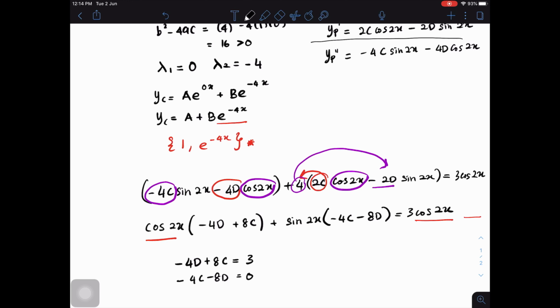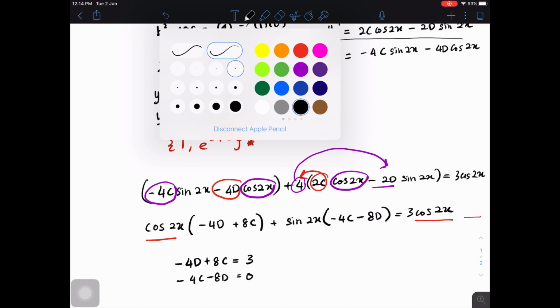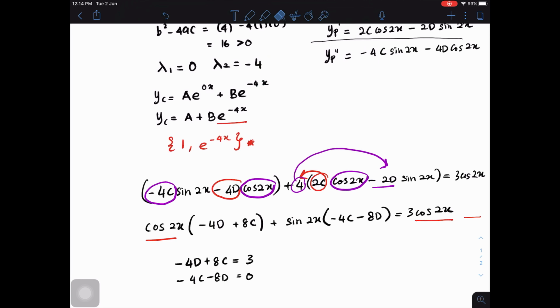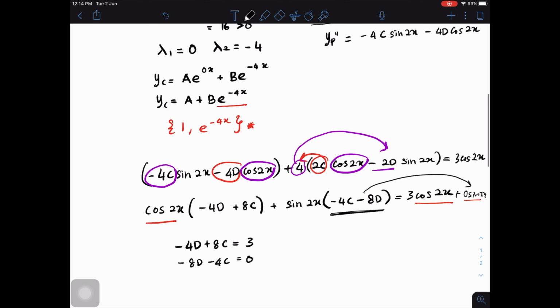I rearrange this equation, putting d in front and c at the back, so I will get negative 8d minus 4c is equal to 0. Because on the left hand side we have the sine 2x term but on the right hand side we don't have sine, it means we have 0 sine 2x, so we compare this with 0. Now we have two simultaneous equations that we can solve.